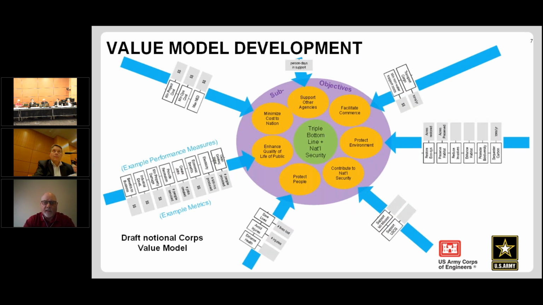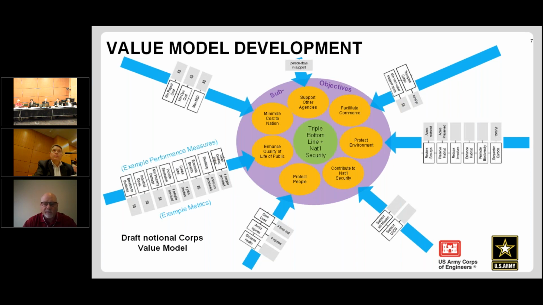Okay, this is a relatively new development that we're getting into with the value model, and as I mentioned, we've been interviewing executives within the Corps of Engineers to determine those items that they really consider have the highest value to the Corps mission.